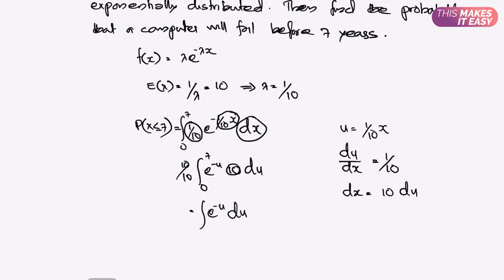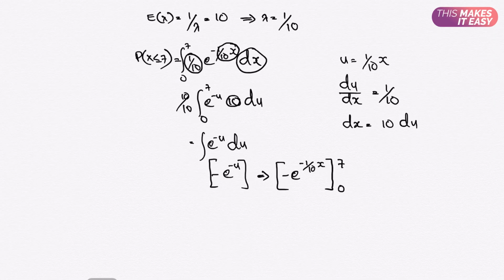the integration of e power minus u, which is basically minus e power minus u, then substituting the value of u, and x takes values from 0 to 7.